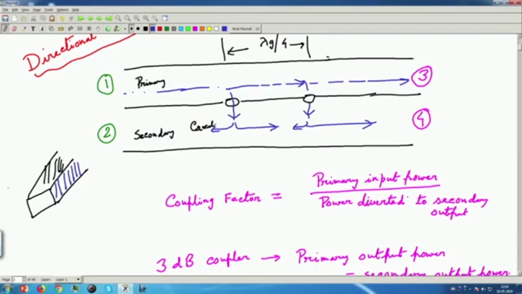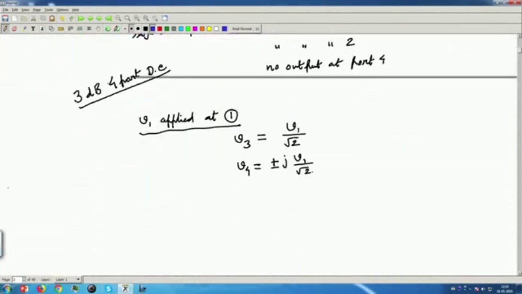Then the minus j phase gets added. So, I will write that which sign to take depends on the construction: depending on construction, plus j or minus j in the V4 signal phase.